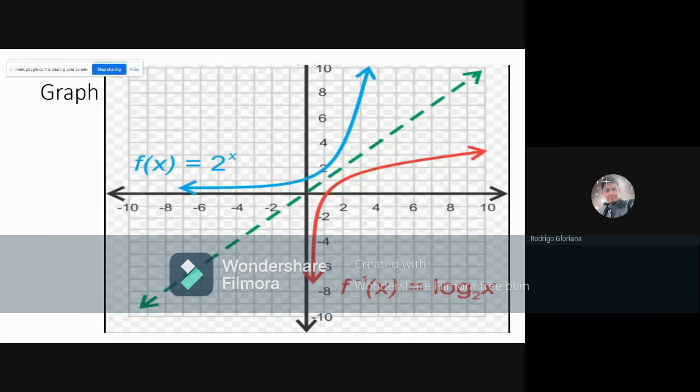In graphing the given function, the function of x equal to 2 raised to x, this is your exponential function. Okay? So this is our exponential function. Then, if you look at this red one, that is now your logarithmic function.